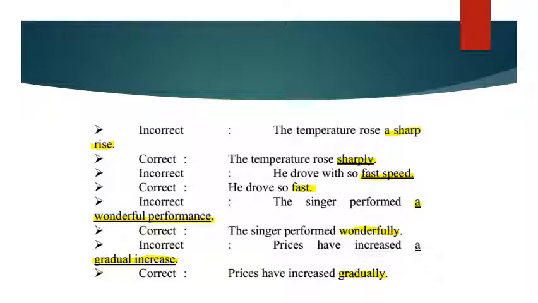Okay, so did you get this idea? I think it's easy. Arab learners just resort to using the adjective plus the noun in places where an adverb is supposed to be used.